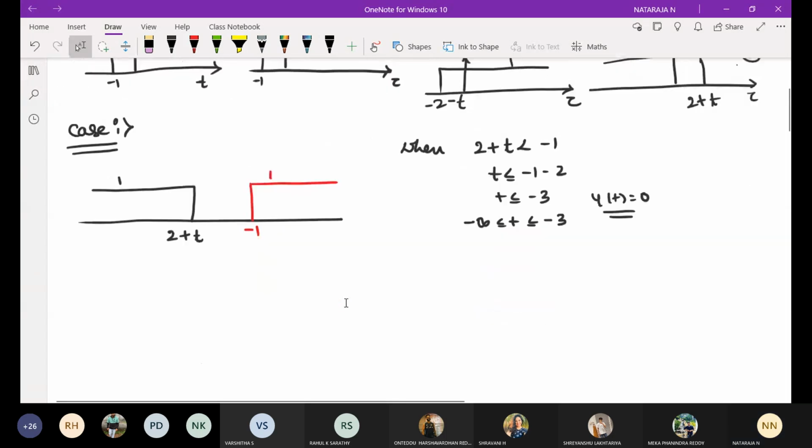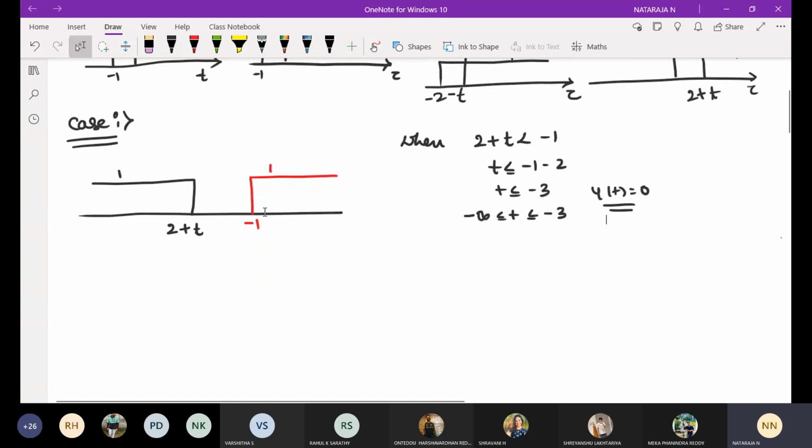Now, case 2. I can take it up to near this and make it 0, no issues. For case 2, the signals directly overlap. I will take case 2 here. This is my case 2, and this is the time axis.